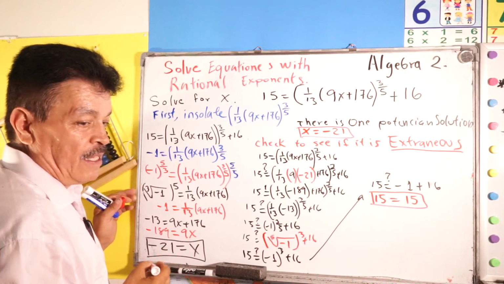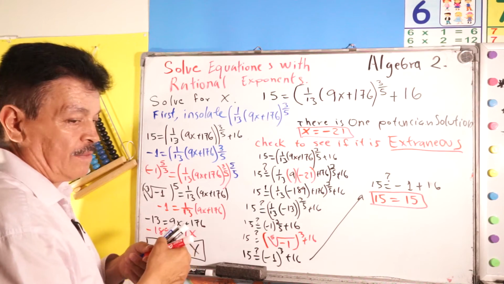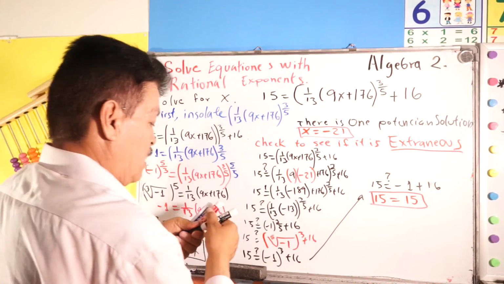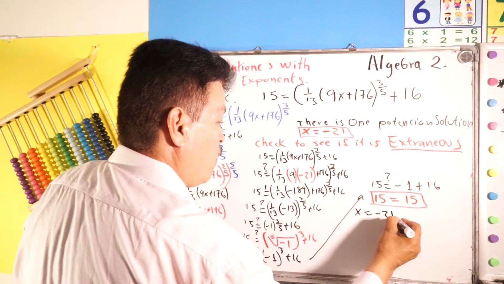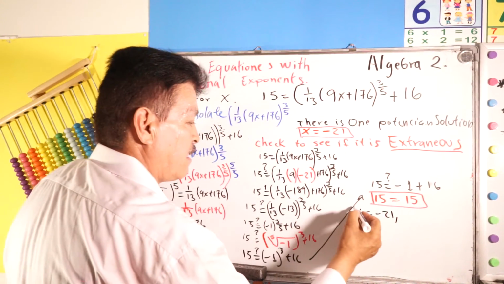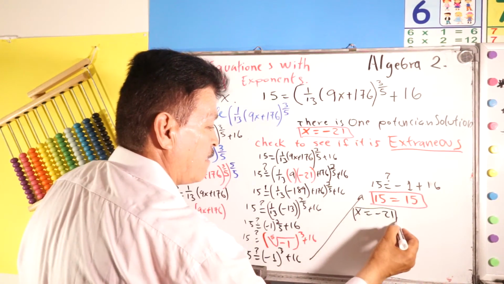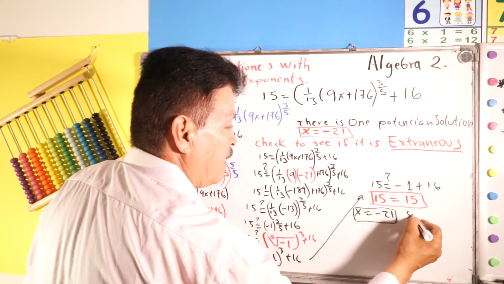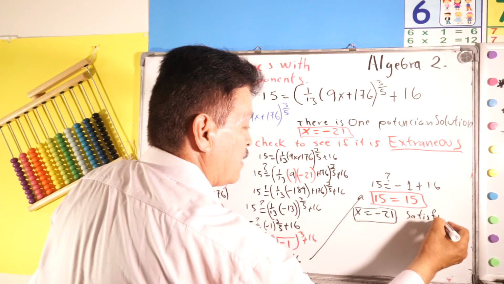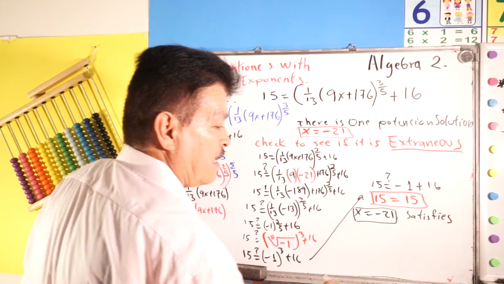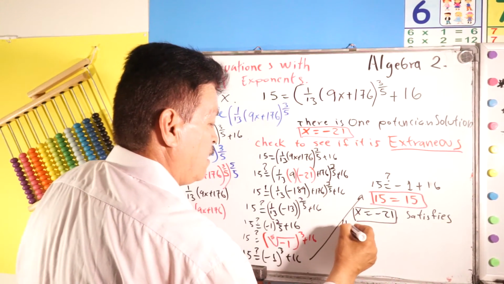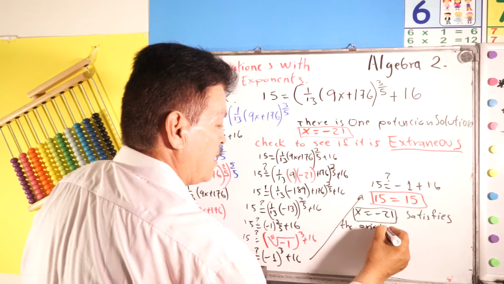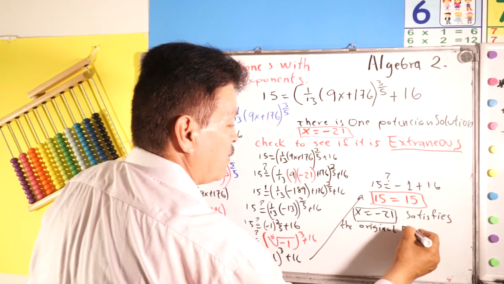So x equals negative 21 satisfies the original equation.